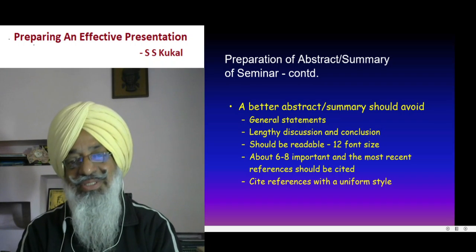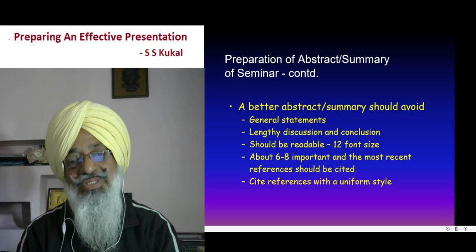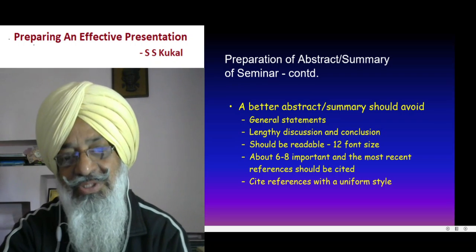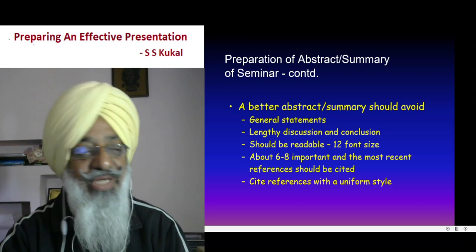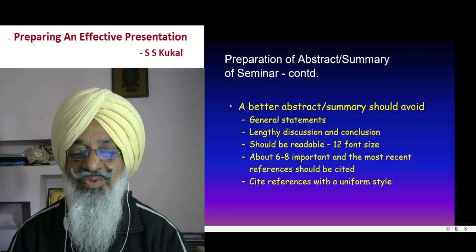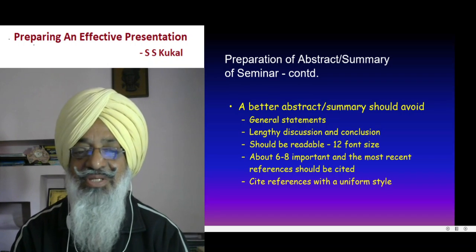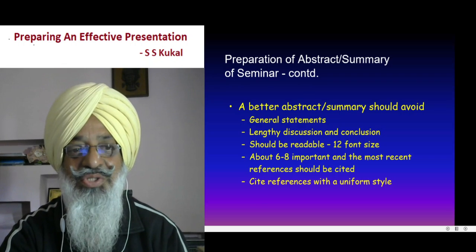If it's a scientific study, then yes, you must give the most important references. And of course, the references which you list should be of uniform style, because many a time I have seen postgraduate students write one reference in one style and another in another style, so that gives a bad impression.